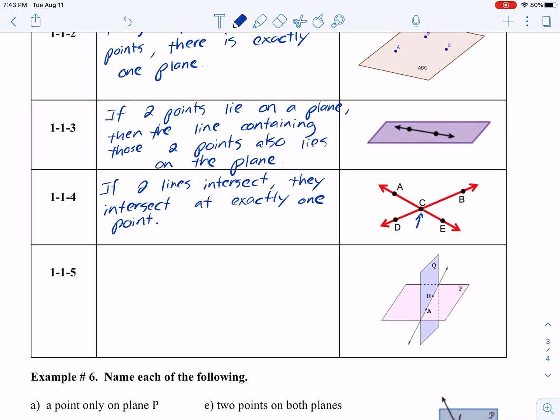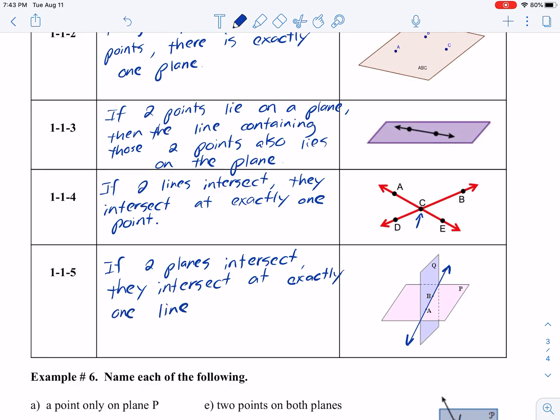Here we have two planes intersecting, and two planes intersect at exactly one line.